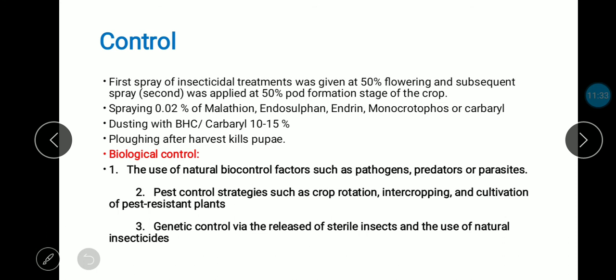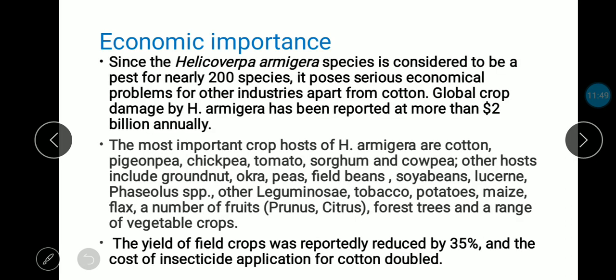This is helpful for minimization of soil pollution, water pollution, etc. Indirectly, it is helpful for the ecosystem, or the eco-friendly control of the pest.